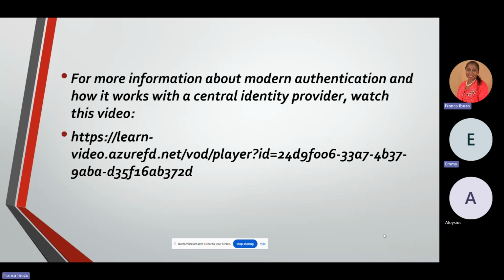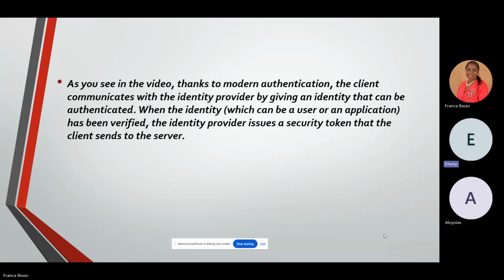So for more information about modern authentication and how the central identity provider works, you have a video that you can watch on your learning path. If you go to your learning path, you'll see a video you can watch there.